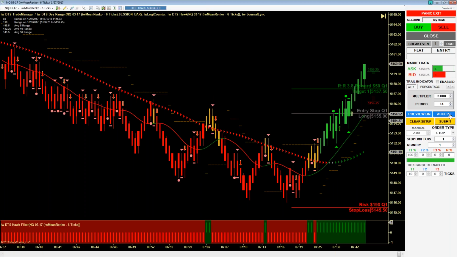I will accept that stop, and then I will activate that stop. It will move automatically as soon as the next bar finishes. If you want to move it earlier, you can click accept again, and it will grab the stop from down here and move it up to that last dot.